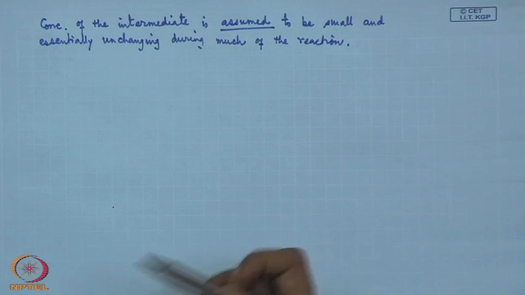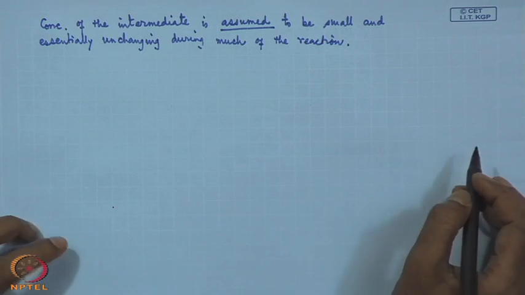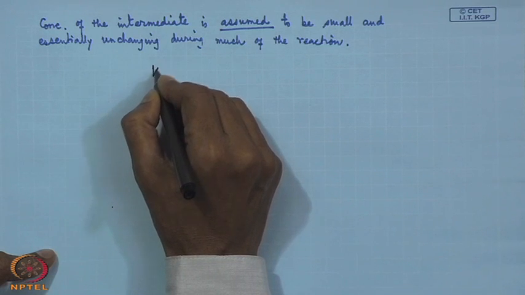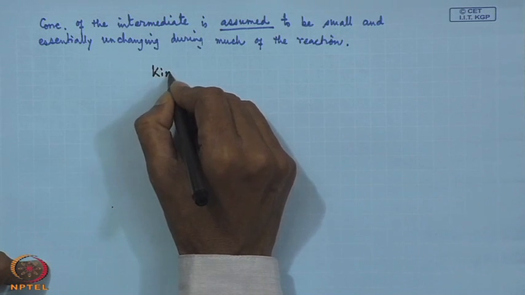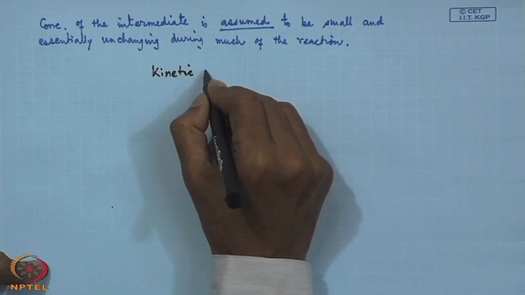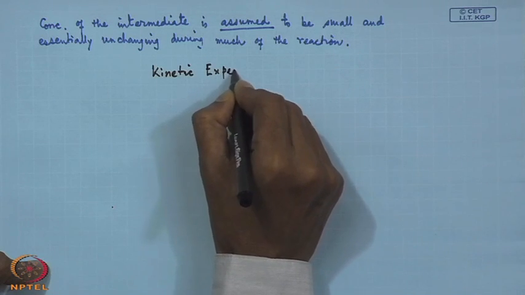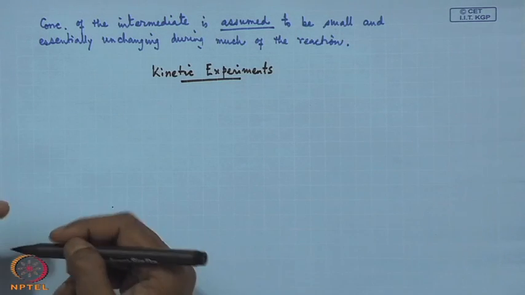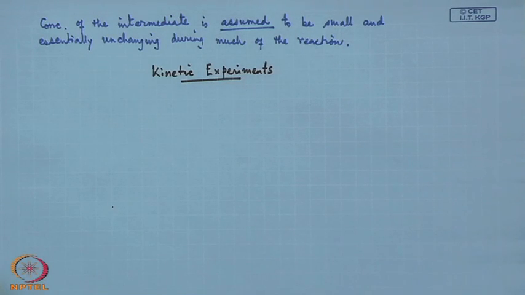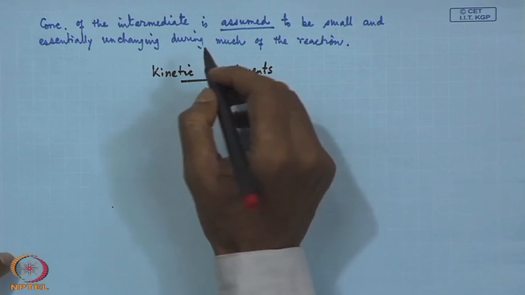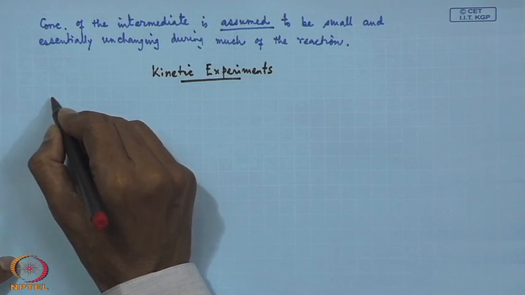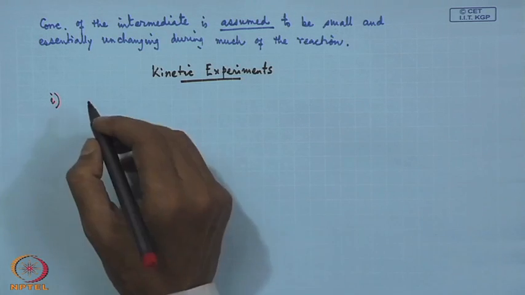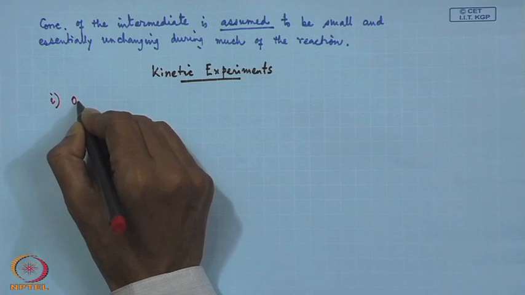So, these are the things, and we can have certain kinetic experiments to get this kinetic data. What are those kinetic experiments? In our hand we can have kinetic experiments. We should have certain parameters which can be detected, and in the first case what we can find out from a particular type of kinetic experiment is the order of the reaction.